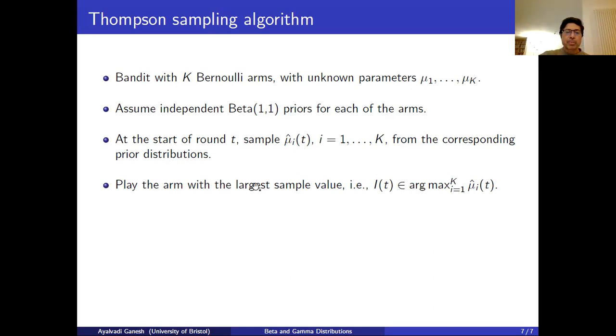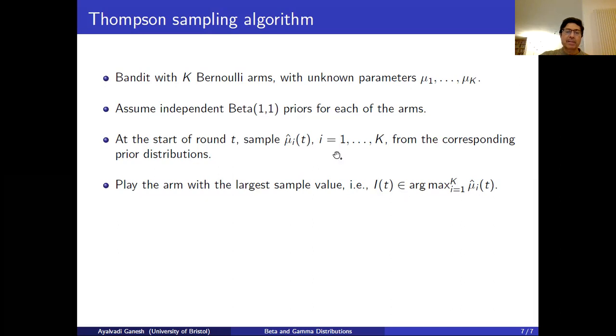And then we are going to play the arm with the largest sample value, whichever of these happen to be the biggest. Okay, so the index of the arm we play is the value of I, which had the biggest mu hat I. I've written it to make this most general, so you might have ties.